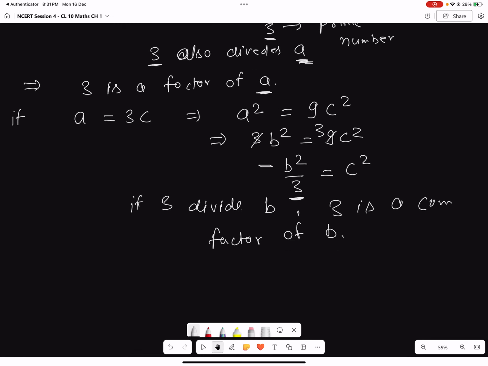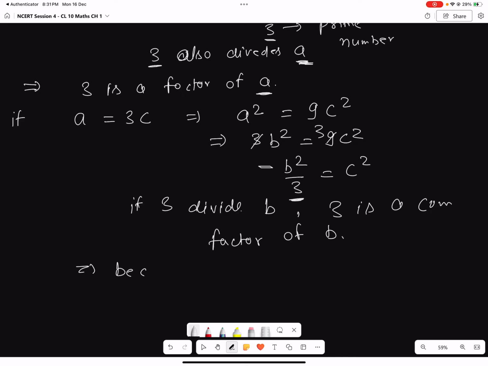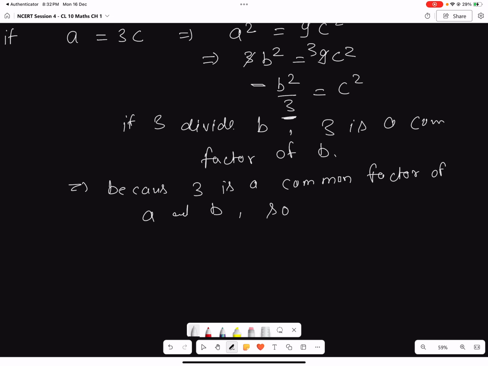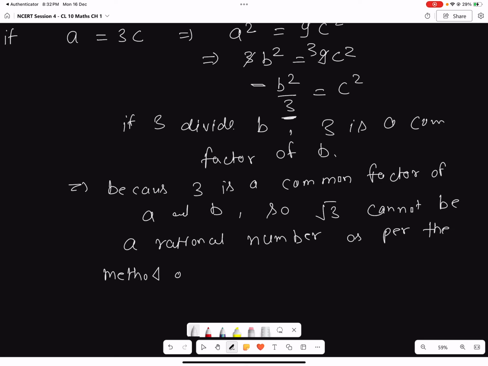So we can say clearly, because 3 is a common factor of A and B, so root 3 cannot be a rational number as per the method of contradiction.